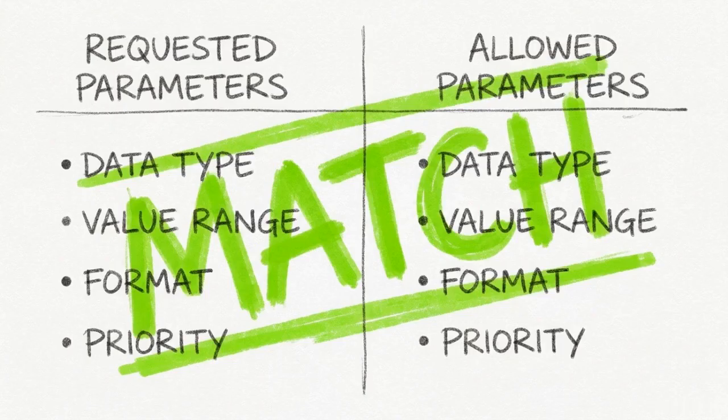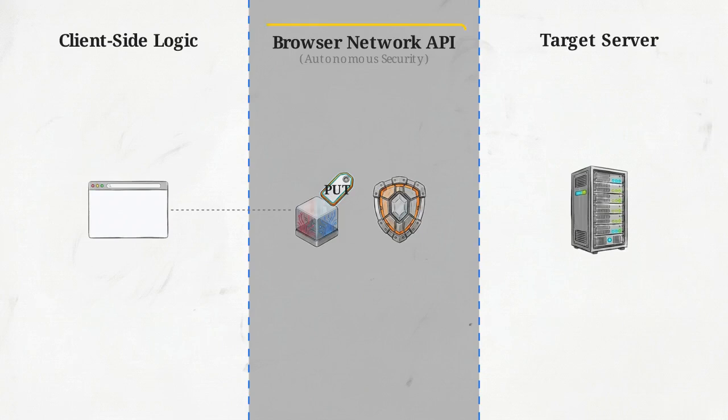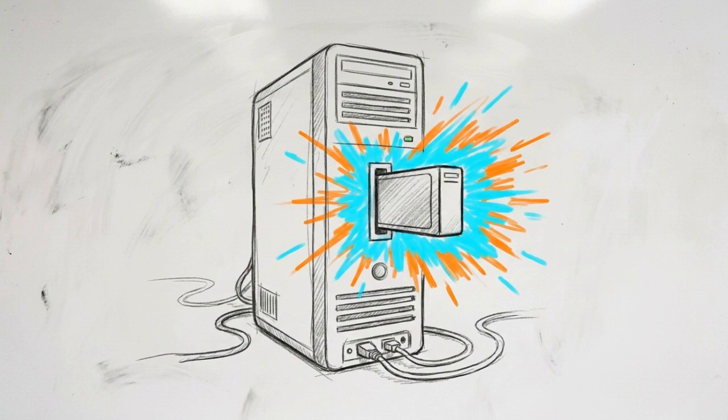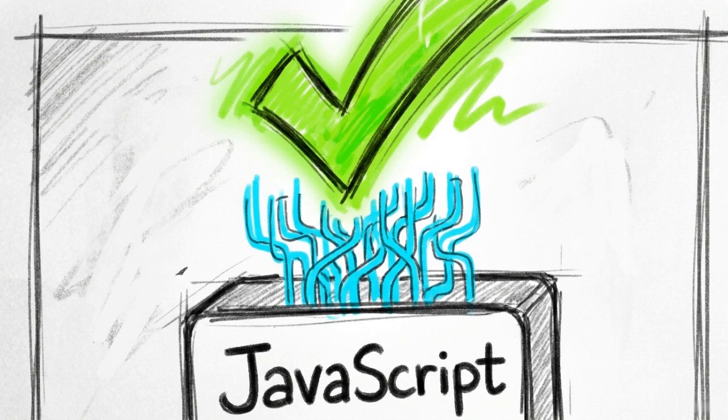The browser reads the server's return headers. If the allowed methods and headers perfectly match the parameters of your pending request, the check passes. The network API unpauses, the padlock opens, and the browser finally transmits your original, complex fetch payload. Once the server processes that actual payload and returns the final response, the pending promise in your microtask queue resolves, handing the data back to your JavaScript.